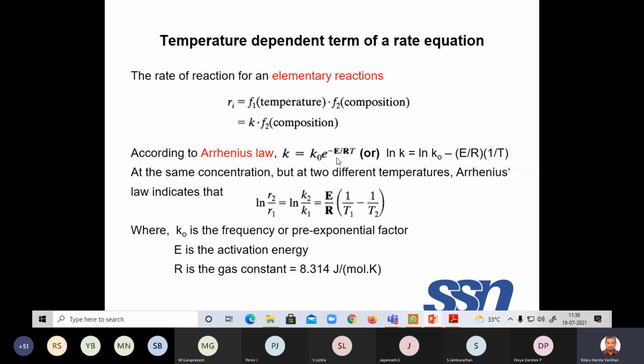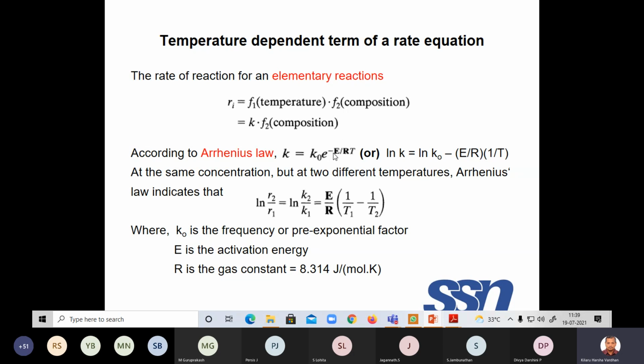How to plug it into this equation? You take ln on both sides, then what will happen? ln K is ln of K naught times e power minus E by RT. Log of A into B is nothing but log A plus log B. Therefore, ln K is ln K naught plus ln of the exponential.